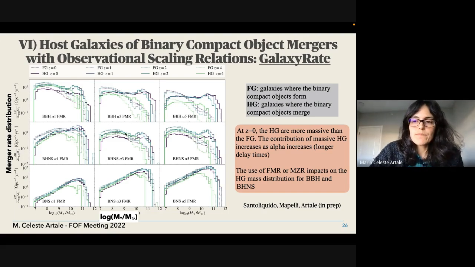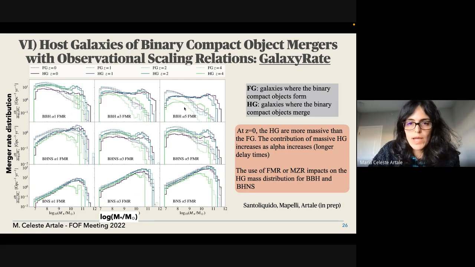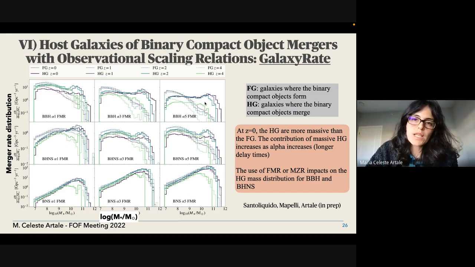To summarize briefly, one of the main results of this plot, which is much clearer for alpha 5 where the binary compact objects are much more bound, is that the stellar mass of the host galaxies is much higher where they merge than where they form.